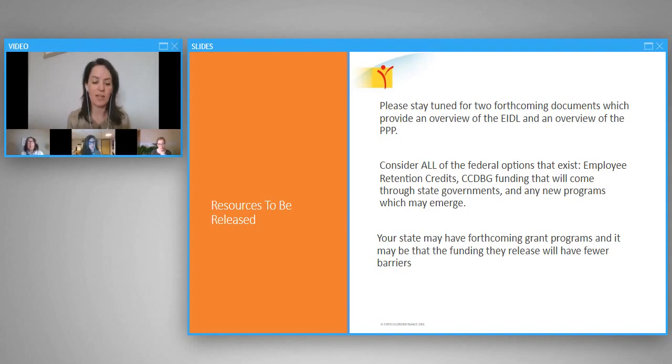But if you are talking about whether you can submit multiple applications for PPP, we would advise you not to do so. It can be very confusing for the lender. So I would encourage you to choose one lender and one application process.